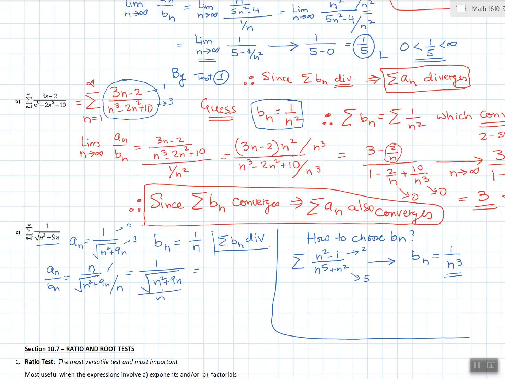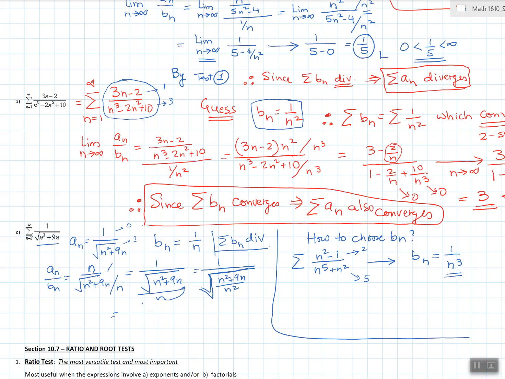Now if you want to bring the division inside the radical, this becomes radical n squared plus 9n divided by n squared. Now notice that the n has come inside the radical, okay?